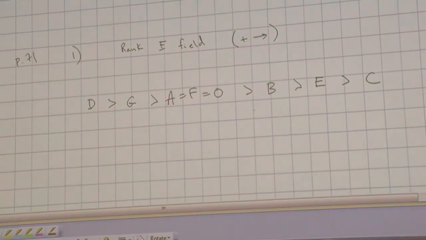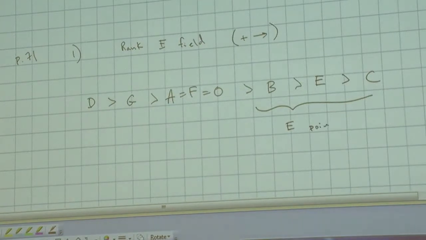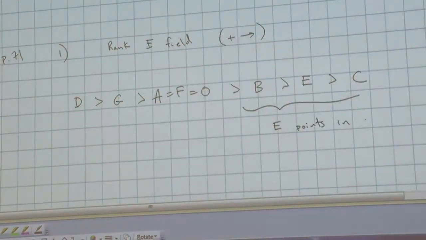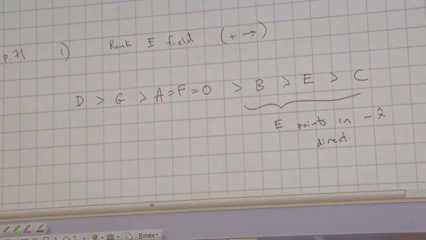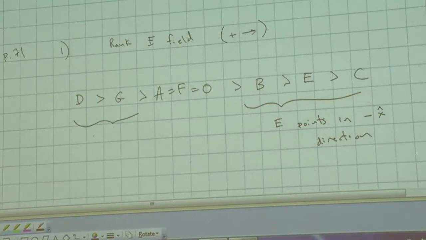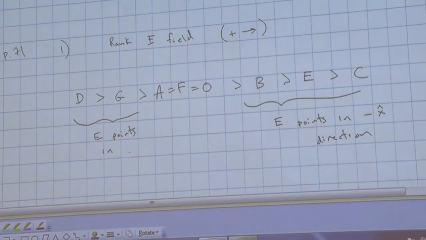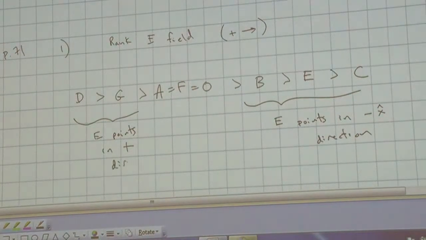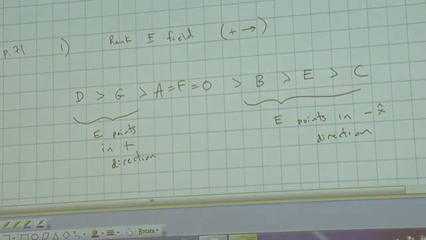So all of these on this side point in the negative direction. And those, the E points in the positive direction.